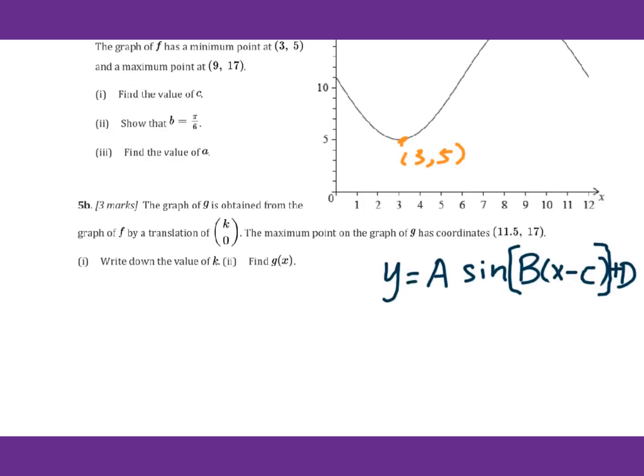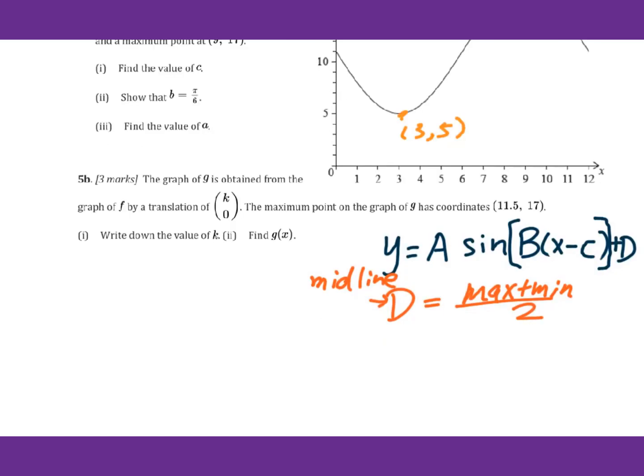Let's go over the trig function. If we have this trig function, we know the d, we call this a midline, equals maximum plus minimum over 2.